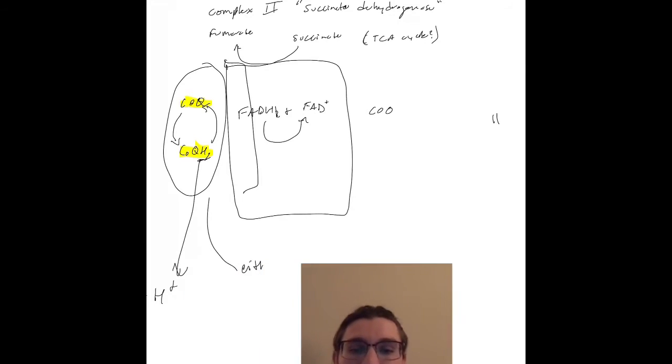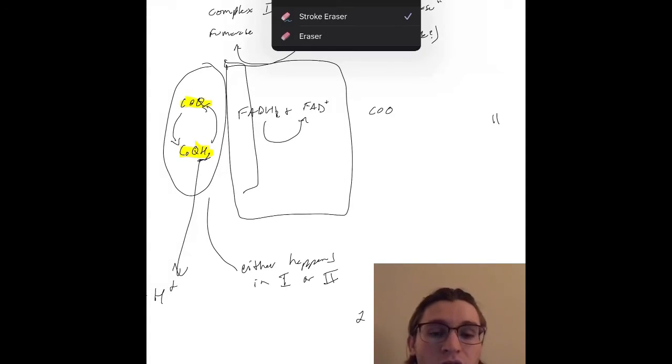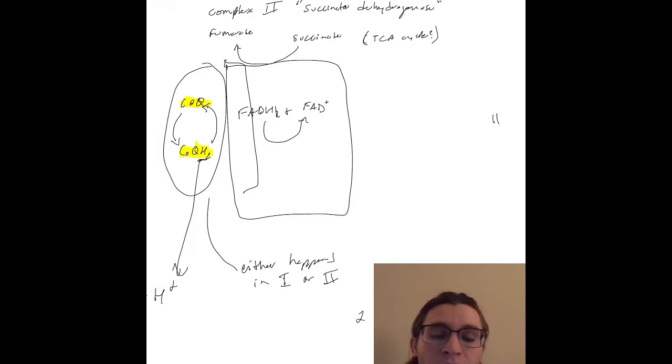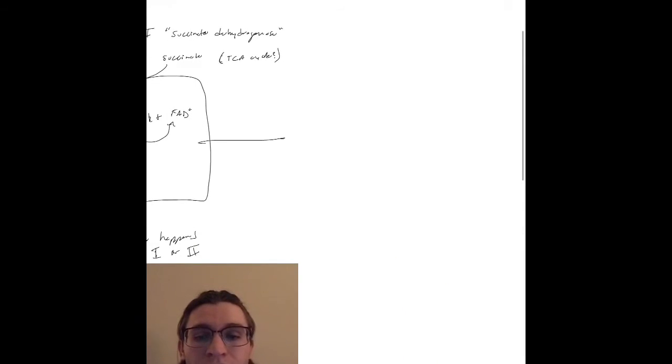So it's very important. And just to reiterate, it either happens in complex 1 or 2. That's just what happens. And there's not a direct pump on complex 2. That's another important thing to keep in mind. But we pass on the 2 electrons. So let's move on to complex 3.